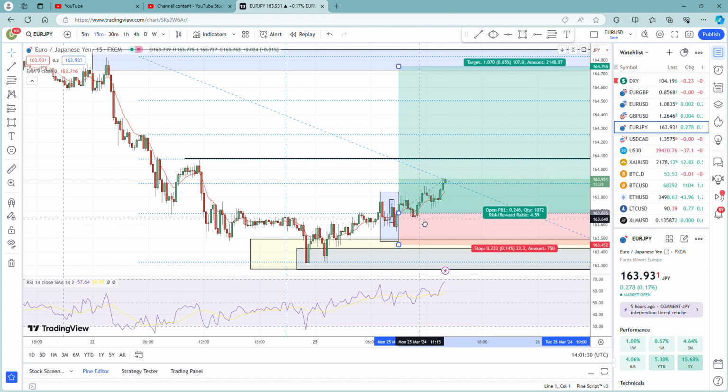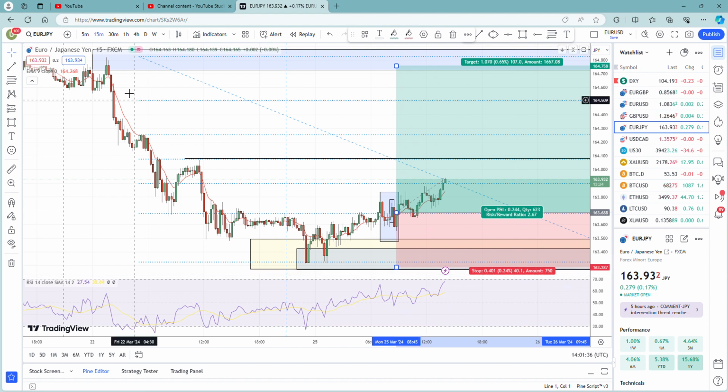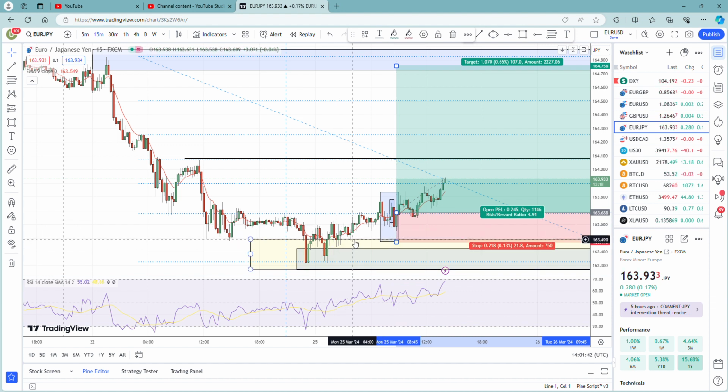I'll enter there, and I'll have my stop loss. Instead of having a stop loss here on H1, which would be 40 pips, the reason why you go on the M15 time frame is to reduce your stop loss, to preserve your capital. And I'd have it here, just underneath here, so you've got a 21 pip stop loss. You reduce your stop loss by 50%. That's going to help you preserve your capital.